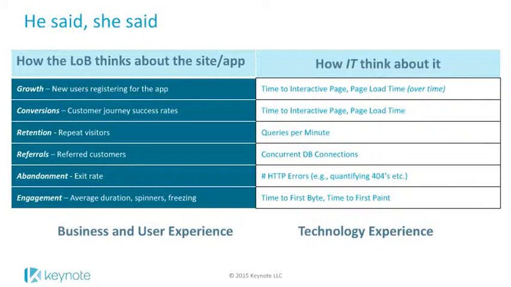Business and user experience really does make a difference when it can be supported directly by the correlation that the technology measurements that we all live and breathe by on a daily basis when we're delivering our digital assets.